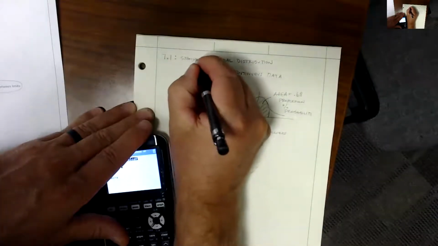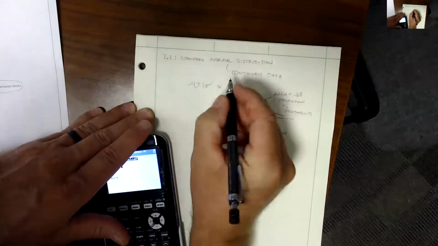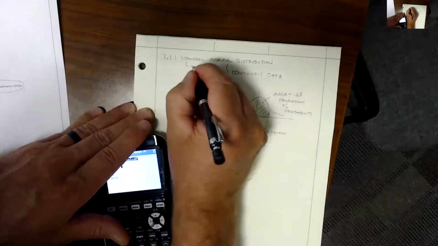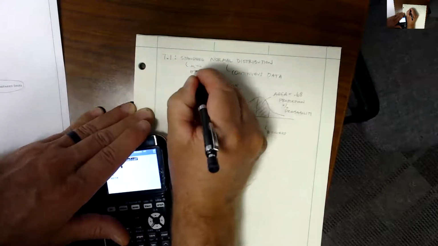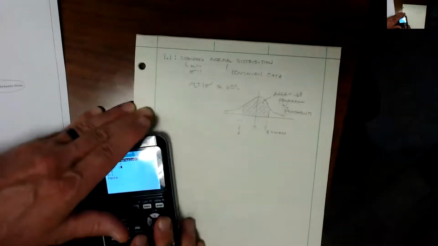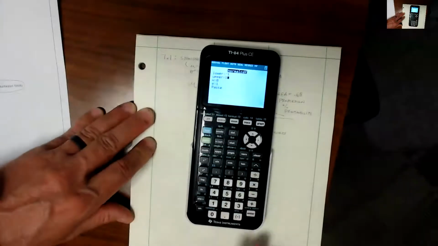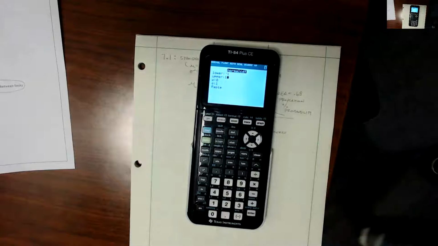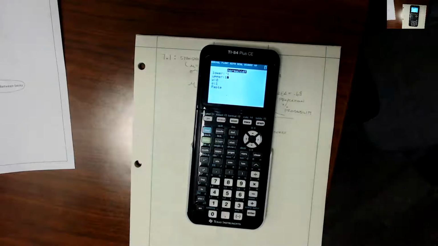I left a space here because what we're studying today is a standard normal distribution, and standard is sort of code for the mean is 0 and the standard deviation is 1. So if you type that in and hit enter, what does it say?